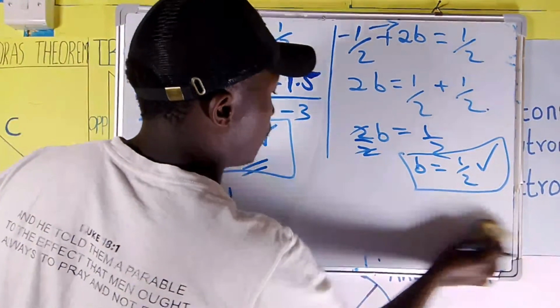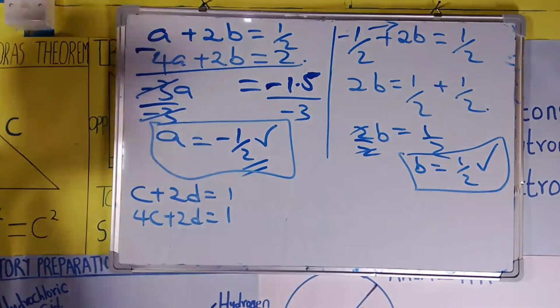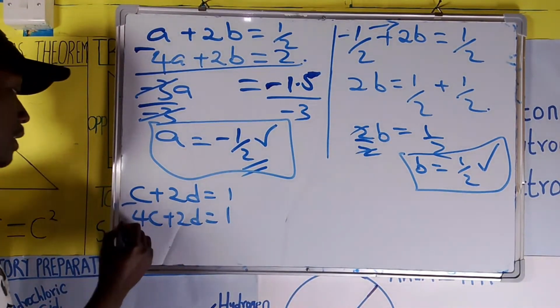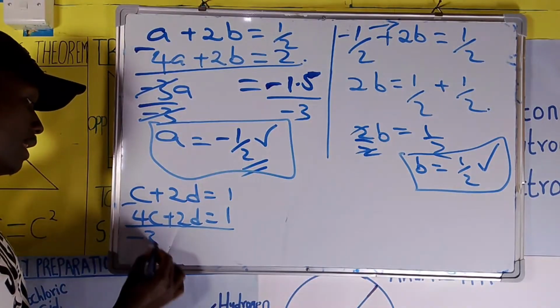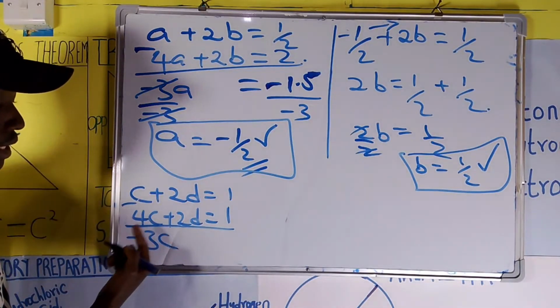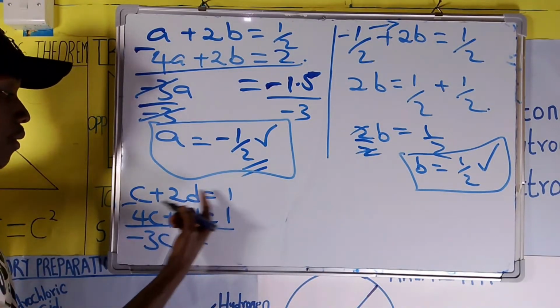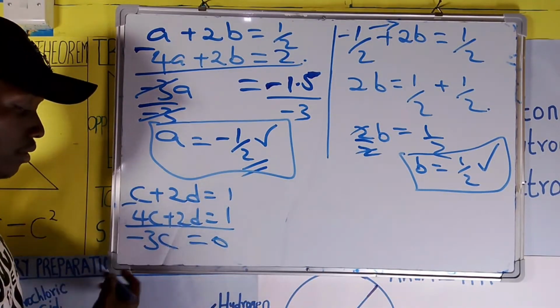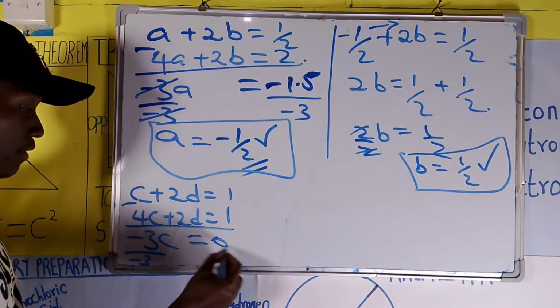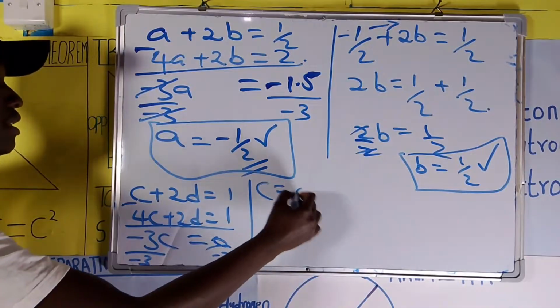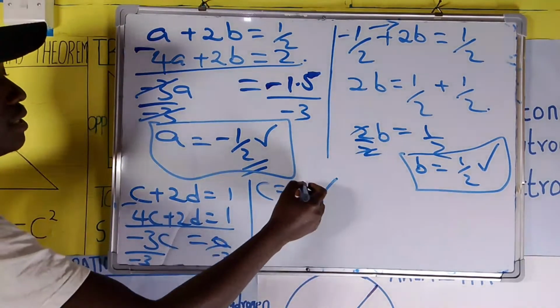This is 2D and this is 2D, so when we subtract we get minus 3C. C minus 4C is minus 3C. This side is 1 minus 1, which is 0. So we divide both sides by negative 3, and 0 divided by negative 3 is 0. So our C is 0.